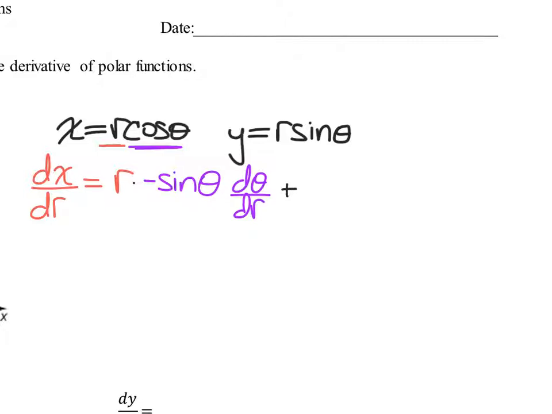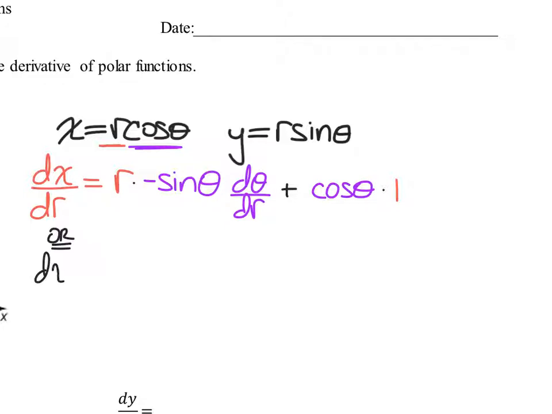Plus the second function, cosine theta, times the derivative of the first, which would be dr/dr, which is just a 1. All right, so that's one possibility.